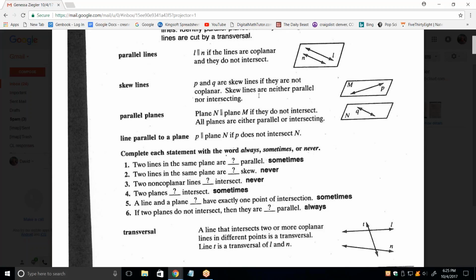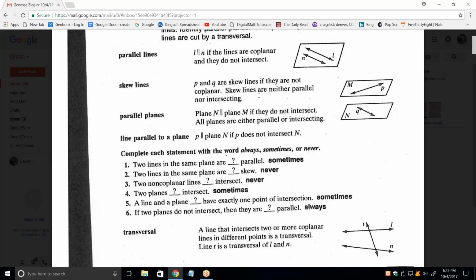If I took a piece of cardboard and a pencil and laid it at an angle to the cardboard, my pencil would be a skew line relative to the plane of the cardboard. The cardboard is 2 dimensions, but my pencil goes in a 3rd dimension. That's a skew line.